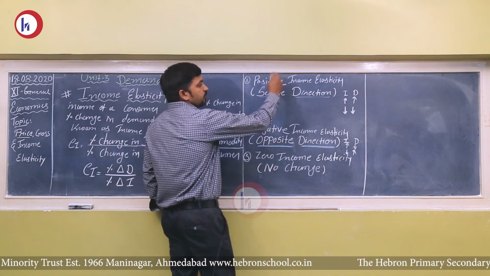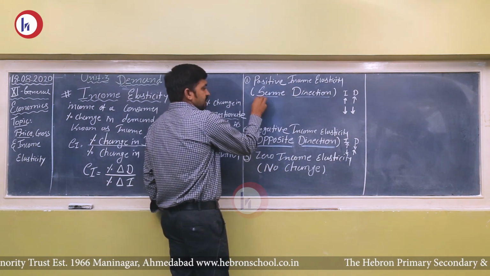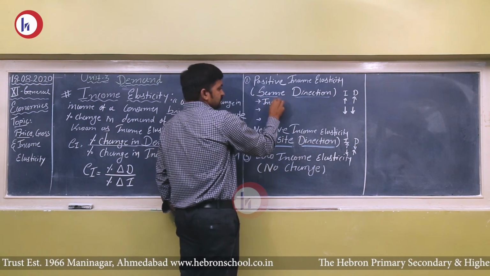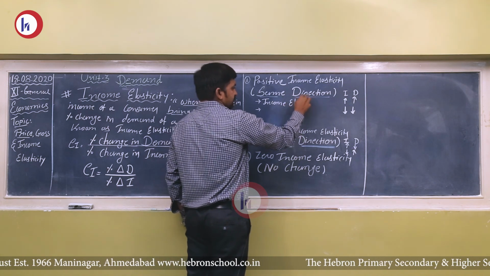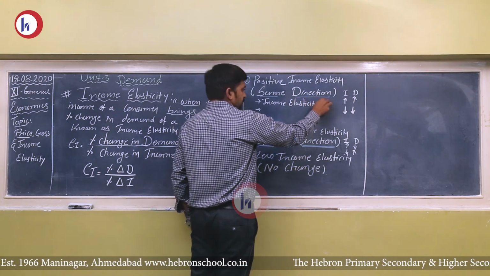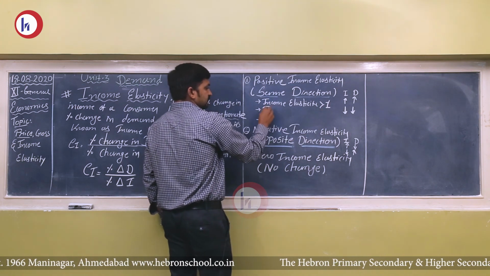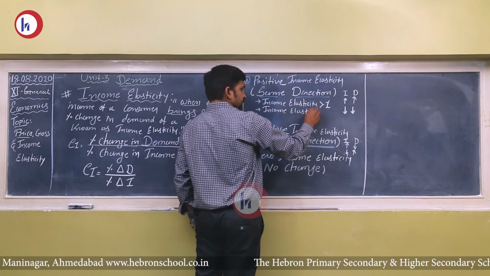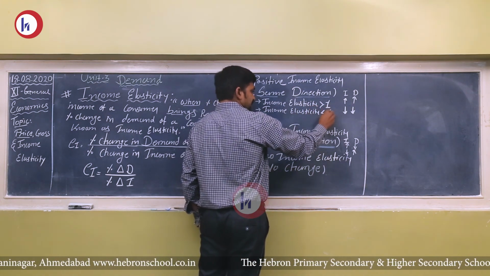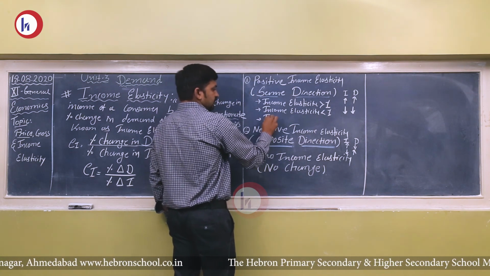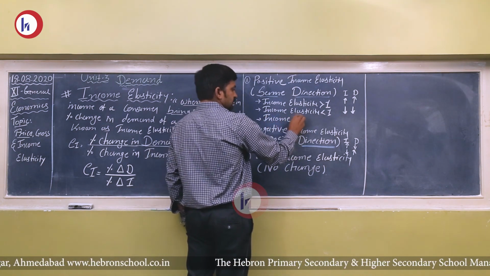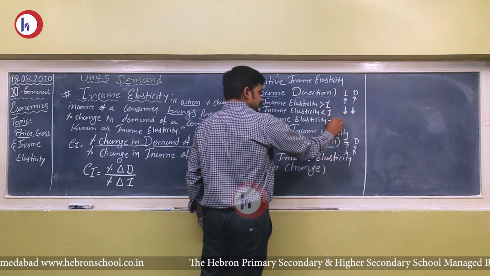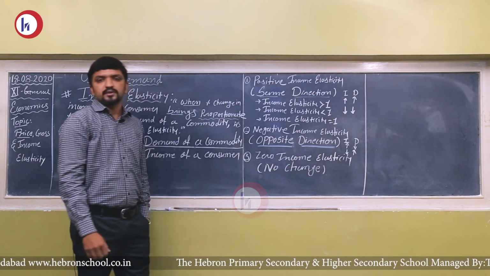Now, positive income elasticity can be of three types. That is income elasticity greater than 1, income elasticity less than 1, or income elasticity equals to 1.